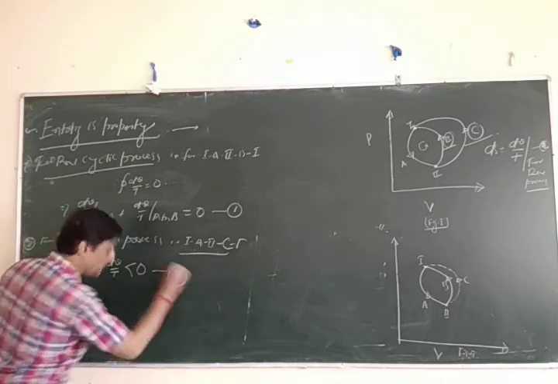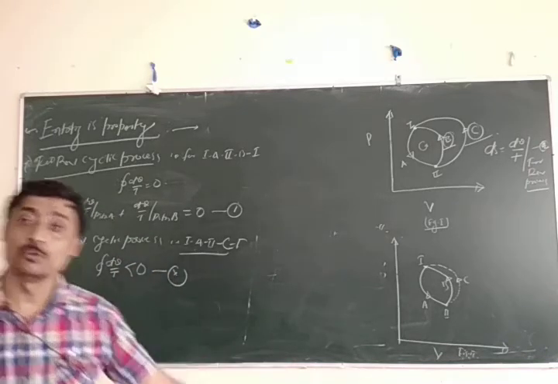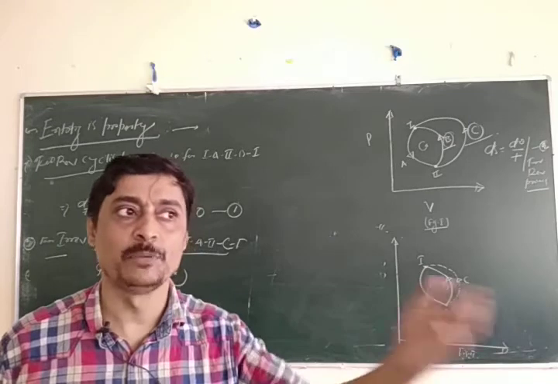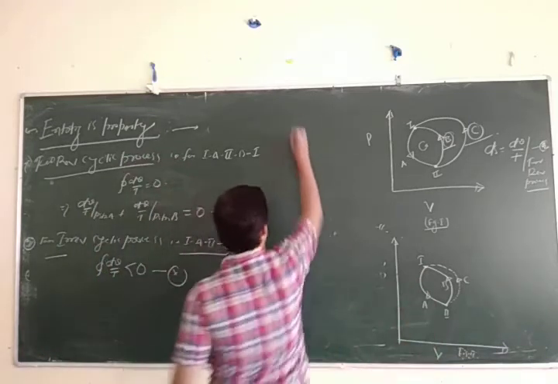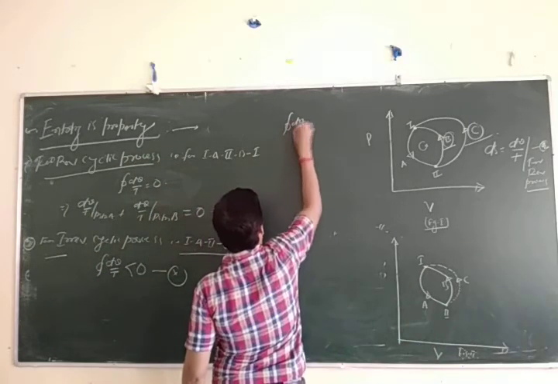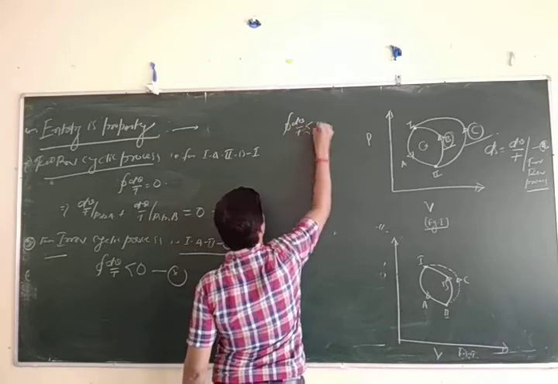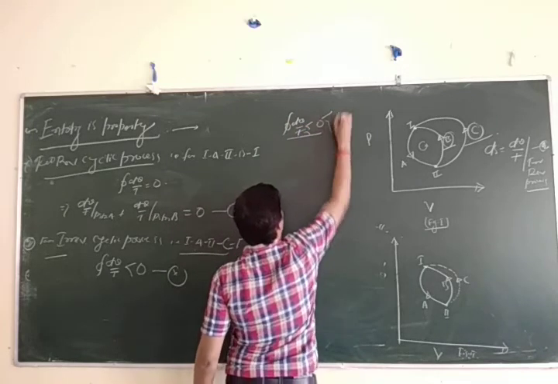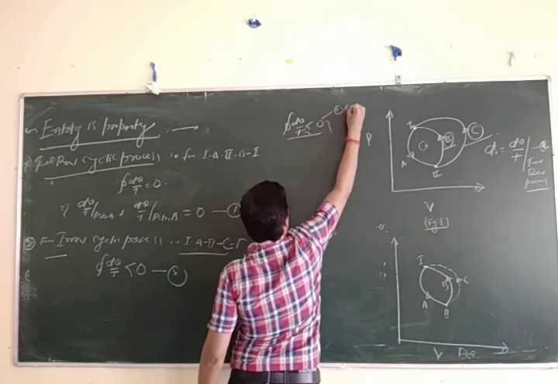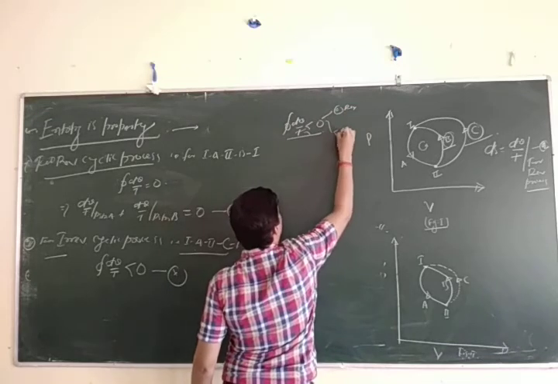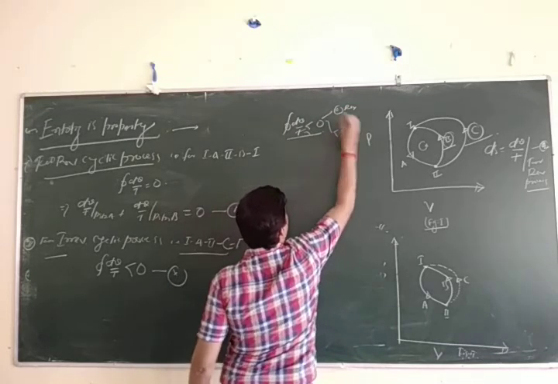We know this from the process inequality: the cyclic integral of dq by t is less than or equal to 0. The equal to sign is for a reversible process and the less than sign is for an irreversible process.